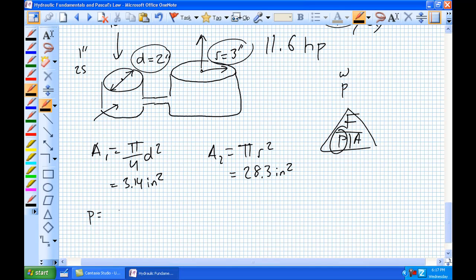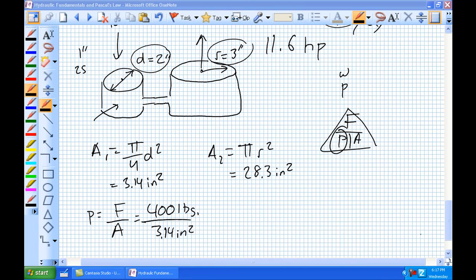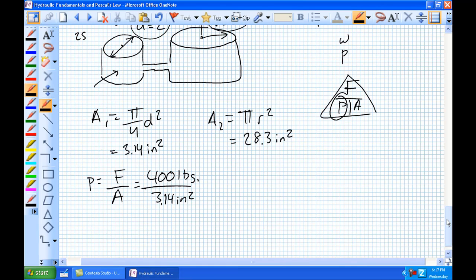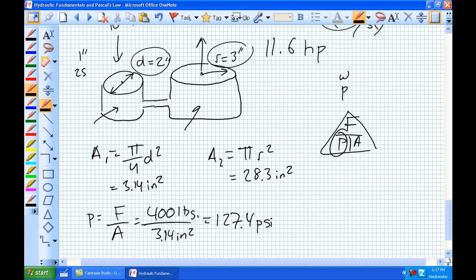P equals force divided by area, which is 400 pounds divided by 3.14 inches squared, which should give you 127.4 pounds per square inch.